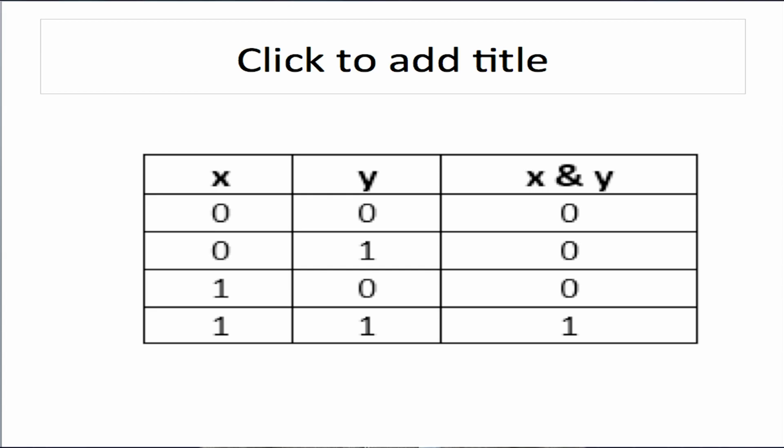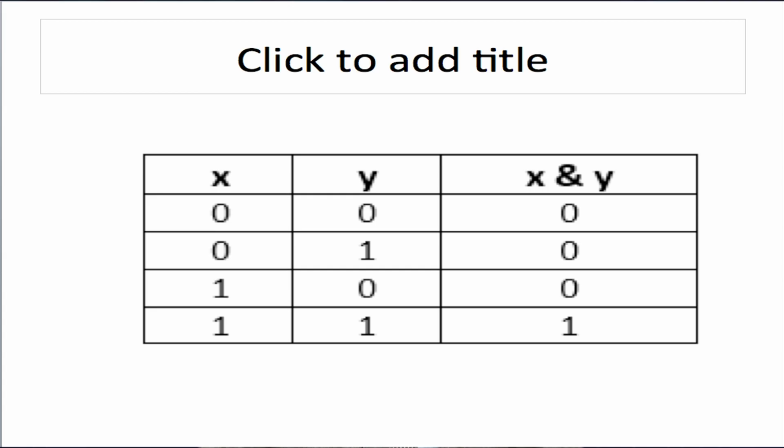Here we have x and y mentioned in this table. Column 1 represents x and column 2 represents y. In the third column, x and y, we are using the AND operator, and you can see the output of the AND operator here. Basically, AND here means multiplication of these two bits x and y.